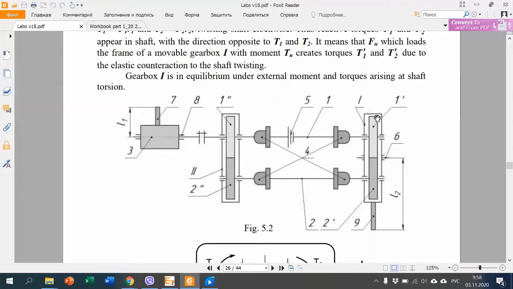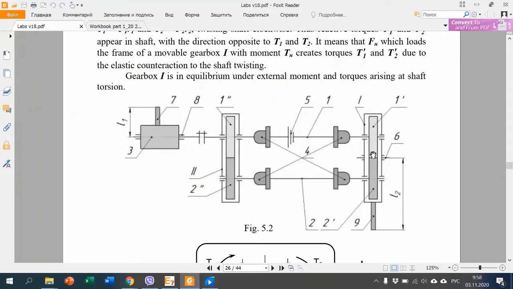One wheel, for example the pinion, is loaded with the power from the input shaft, and it rotates, and each tooth on the pinion acts on a tooth on the gear, and we have a force at the point of contact.